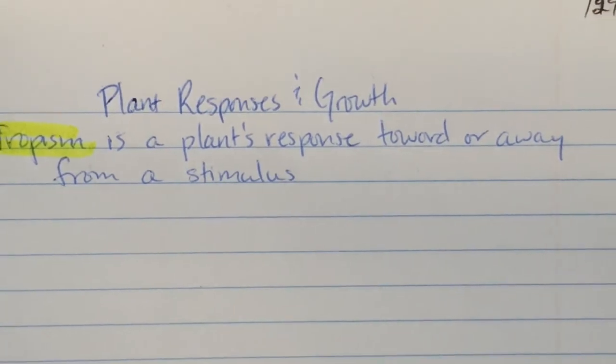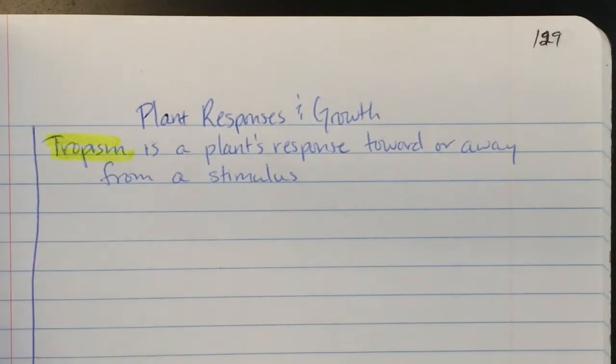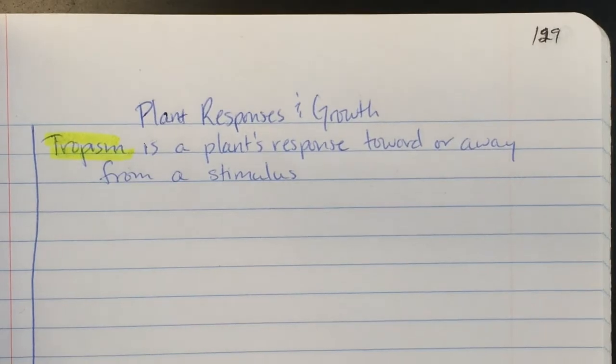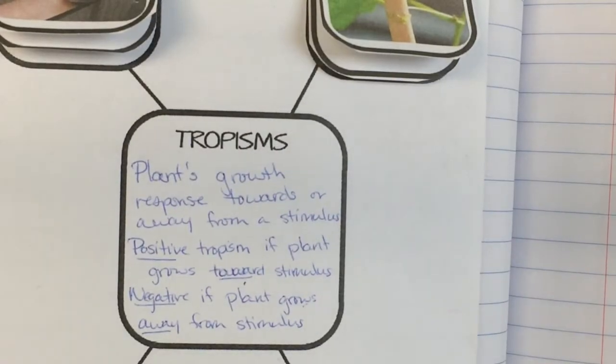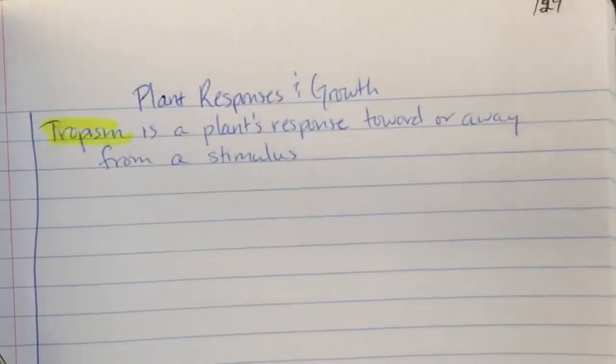And so, as mentioned earlier, that towards or away, if it's towards, it's positive. If it's away, it's negative. And that little tidbit you have in your center square over here.